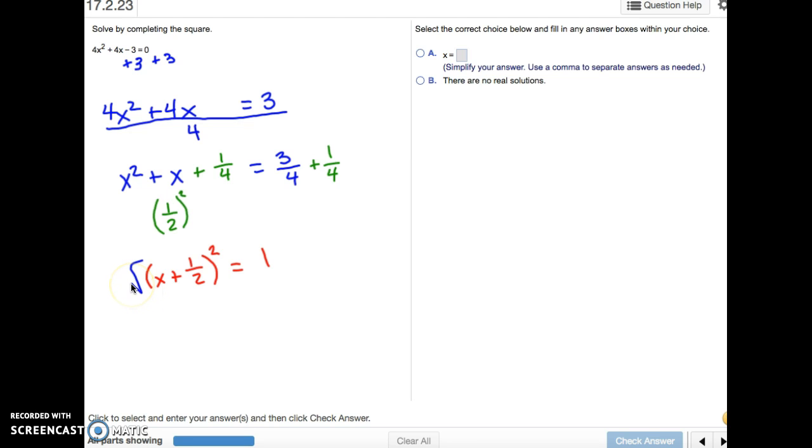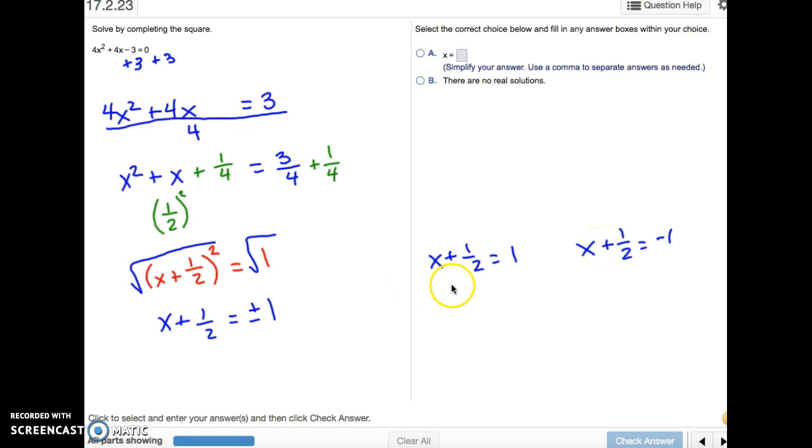Square root both sides to cancel out that squared. x plus 1/2 equals positive and negative, and square root of 1 is just 1. So I'm going to take this into two problems. x plus 1/2 equals 1, and x plus 1/2 equals -1.